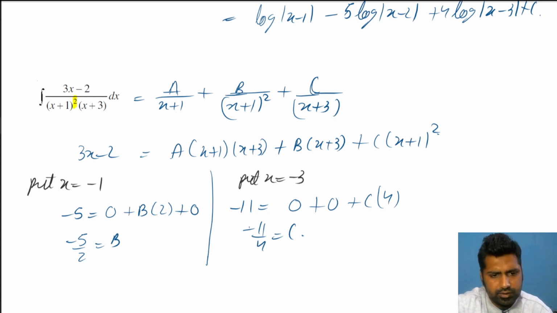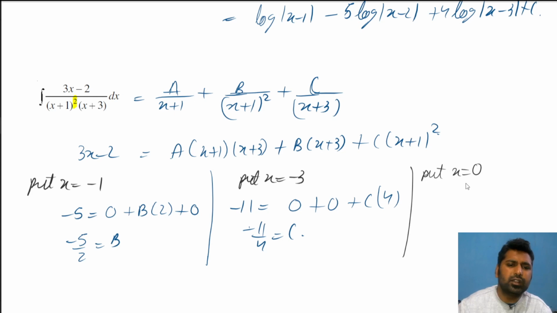Now how will you get the value of A? Right now the idea was to get zeros because it was easier to solve. For that, you can put any value of x apart from these two, because otherwise A will become 0. So now I'm going to put any other value. I'll put x as 0.